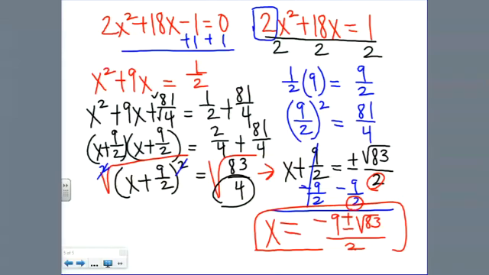There is another way that you can solve a quadratic equation, and me personally, I'm not a big fan of completing the square. There is another way that you can solve a quadratic equation, and that's by using what's called the quadratic formula.